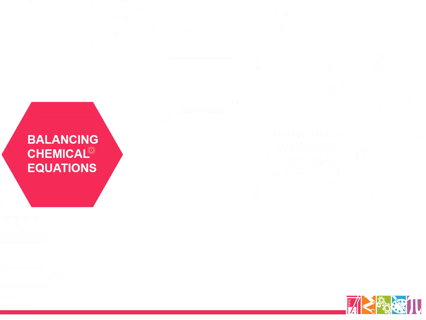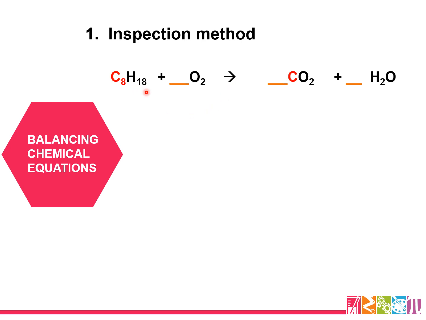Next, we proceed with balancing chemical equations. The first method is the inspection method. As an example, we have C8H18 plus oxygen produce CO2 and H2O. This equation is unbalanced.